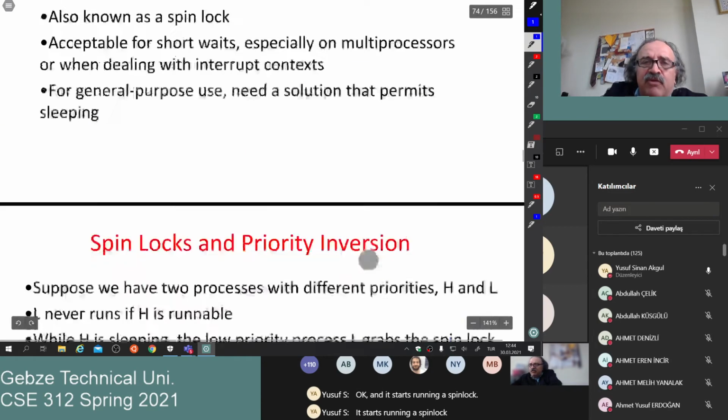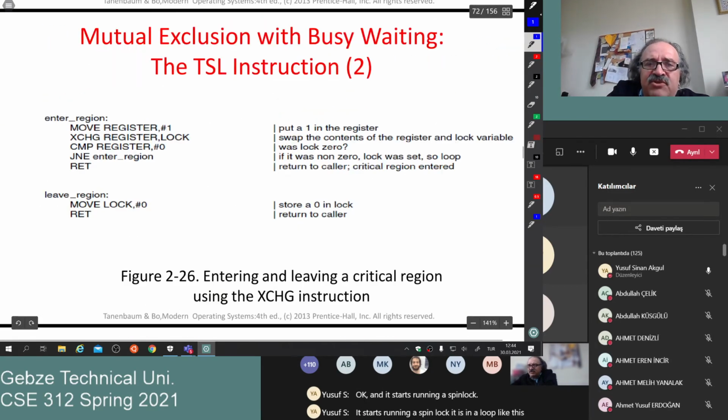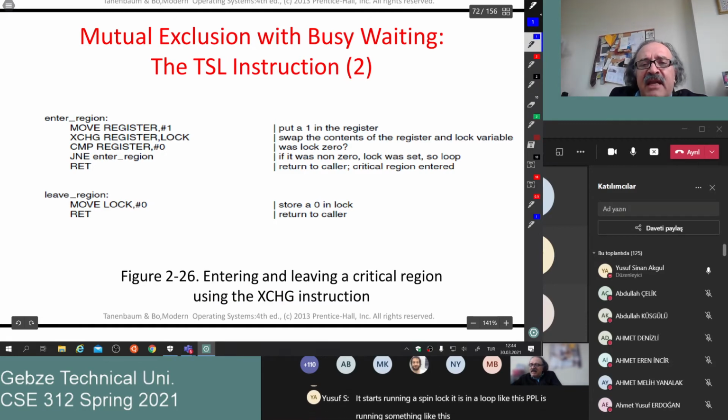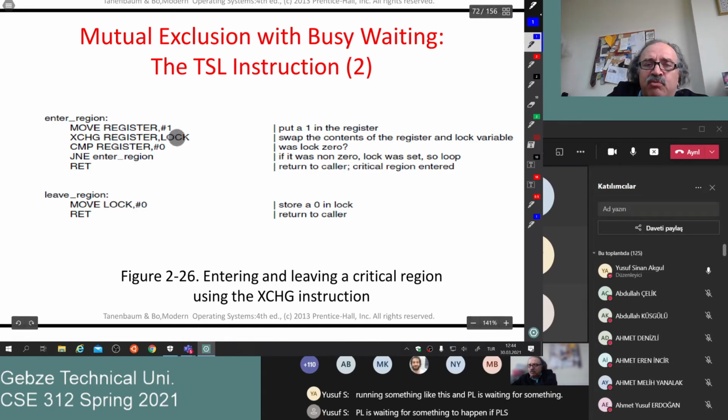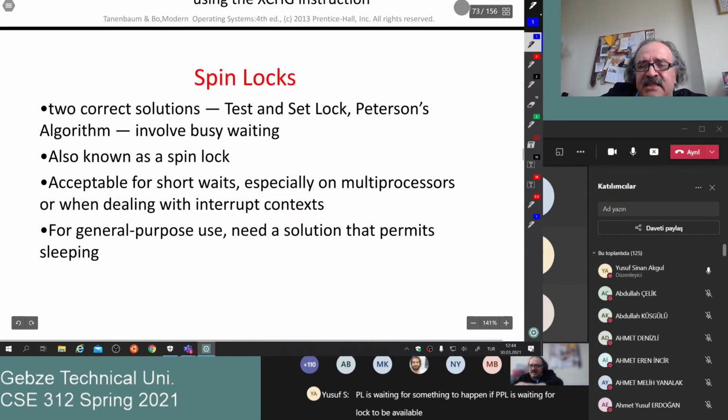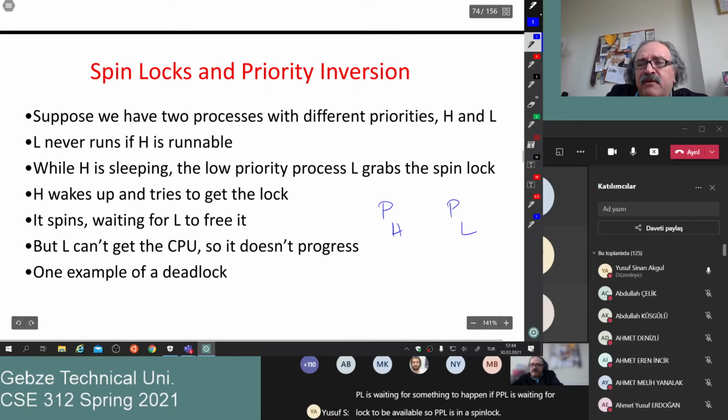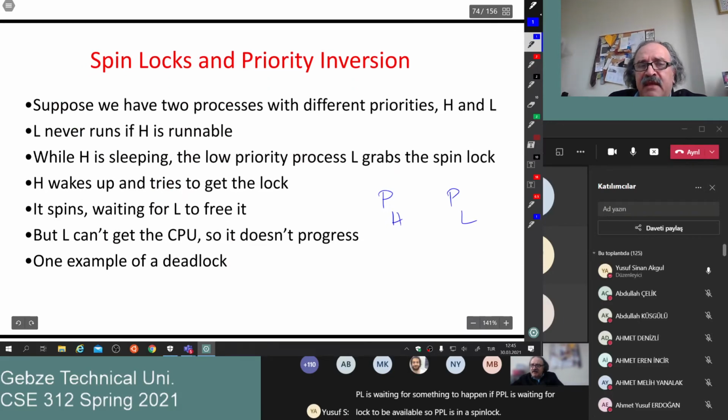It is in a loop like this. PL is running something like this, and PL is waiting for something to happen. If PL is waiting for the lock to be available, so PL is in a spin lock.